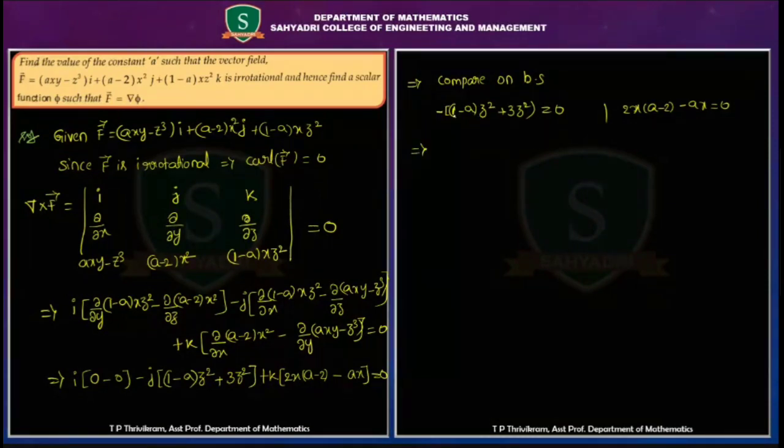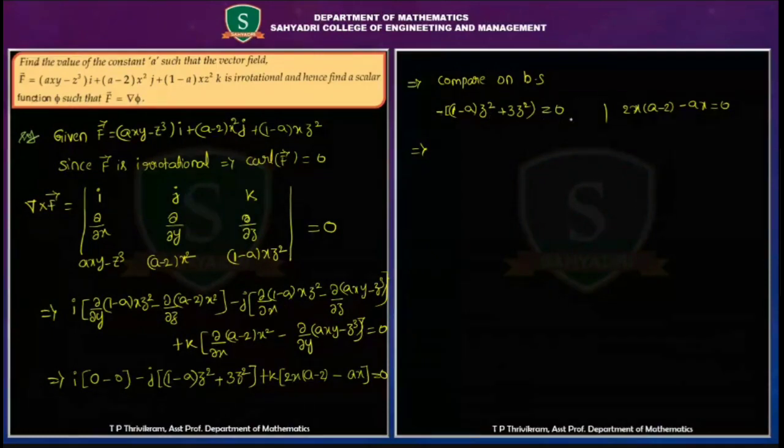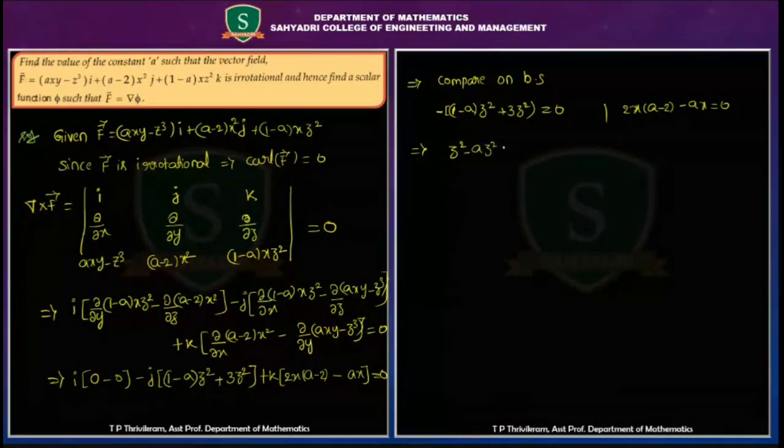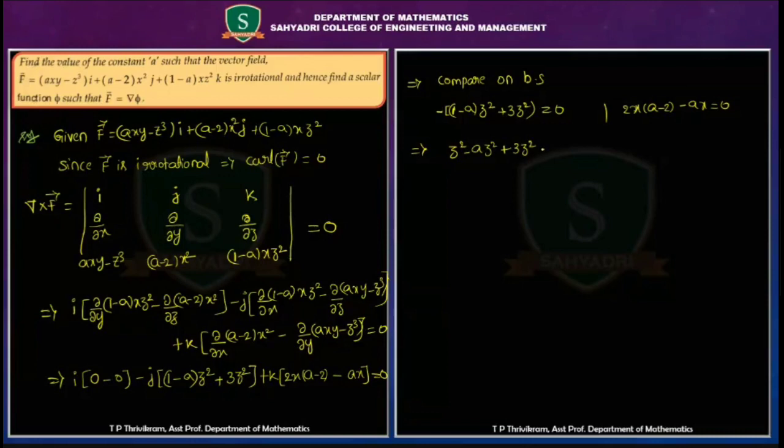If you multiply minus on both sides, you'll get Z square minus AZ square plus 3Z square is equal to 0. So we'll get 4Z square equal to, sending AZ square to that side, Z square and Z square get cancelled.